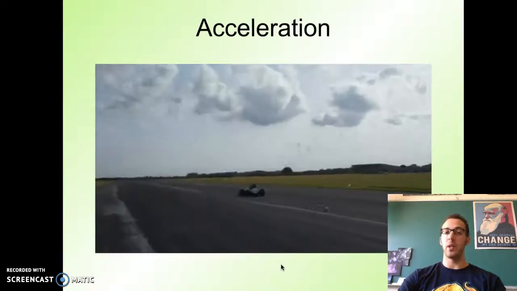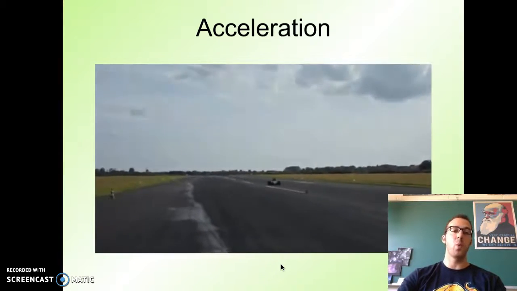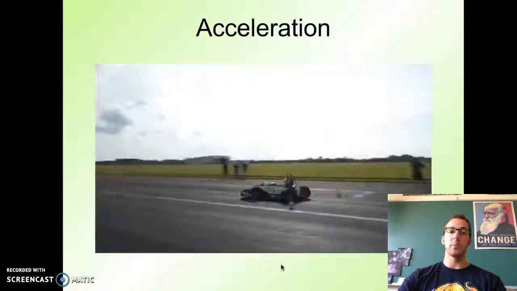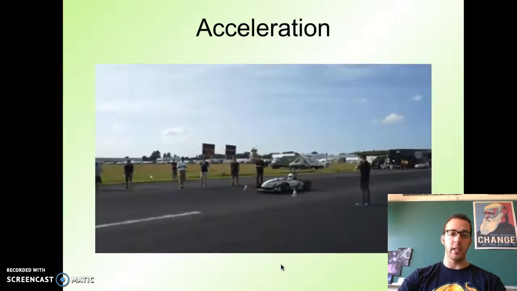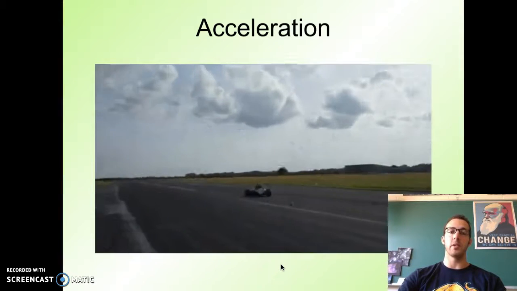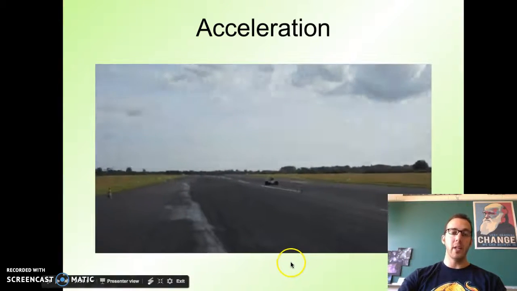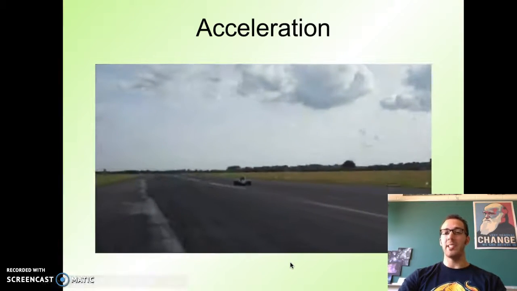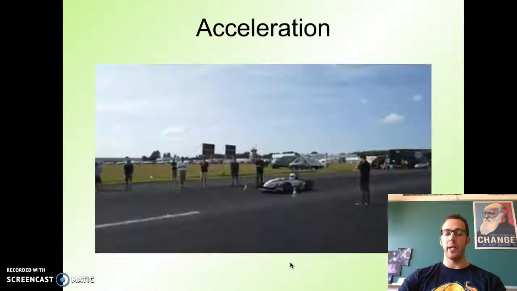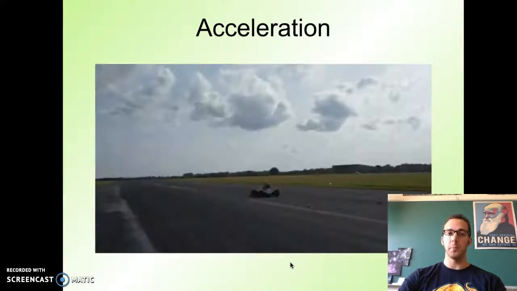After 2 seconds, it goes up another 10 meters per second to 20. After another second, it goes up to 30. So the speed increases by 10 meters per second for every second of the acceleration. If it was decelerating, it would still work the exact same way, and oftentimes we say decelerations are negative, and that'll make a little bit more sense when we start doing some problems.